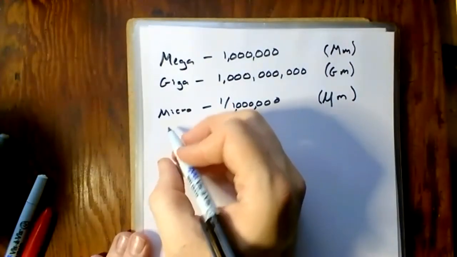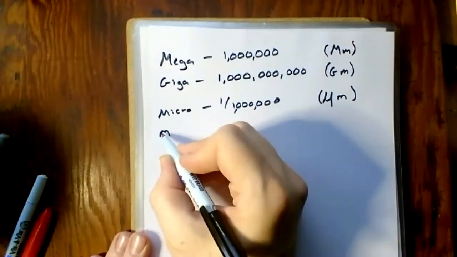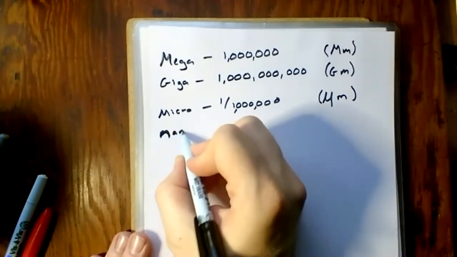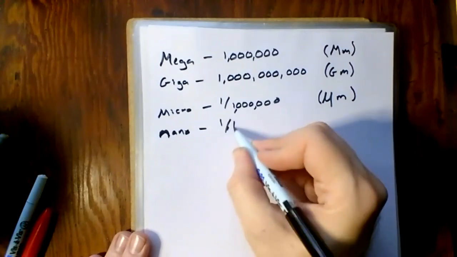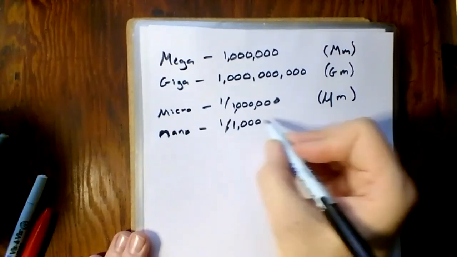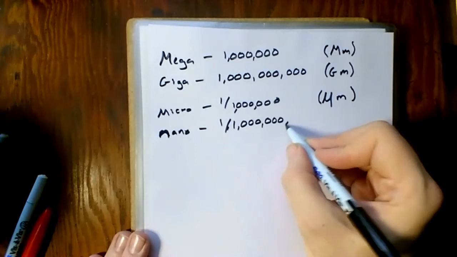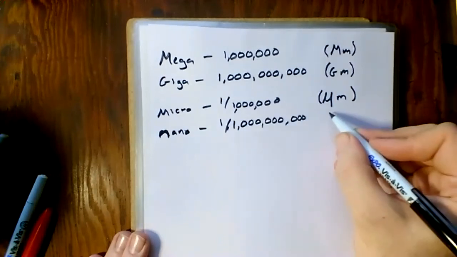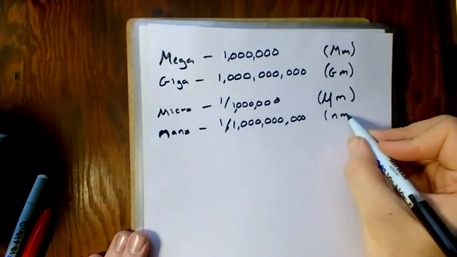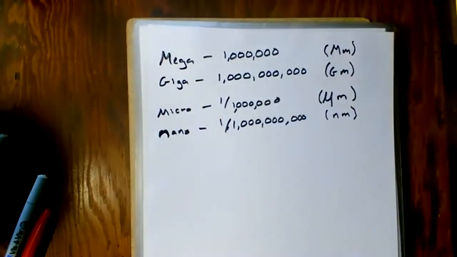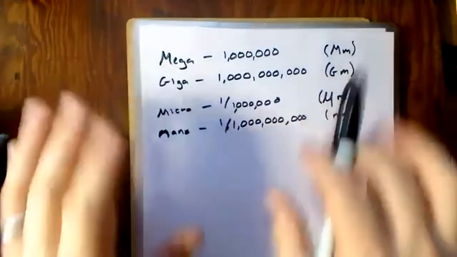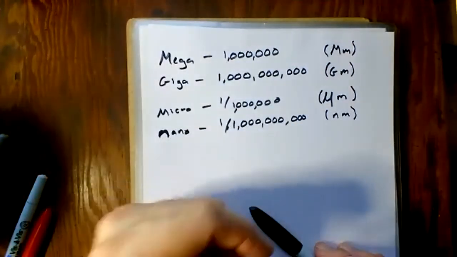There's also nano. A nano is a billionth. So 1 over, and that would be a nanometer. Things like that.